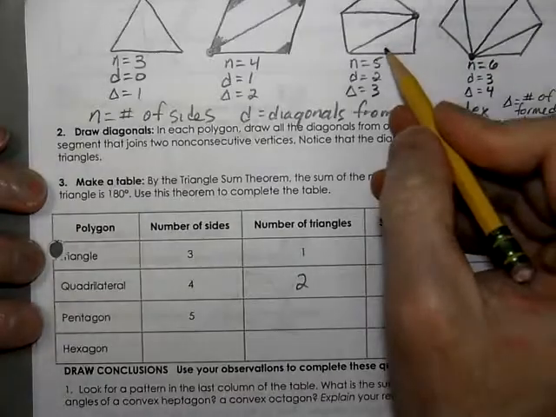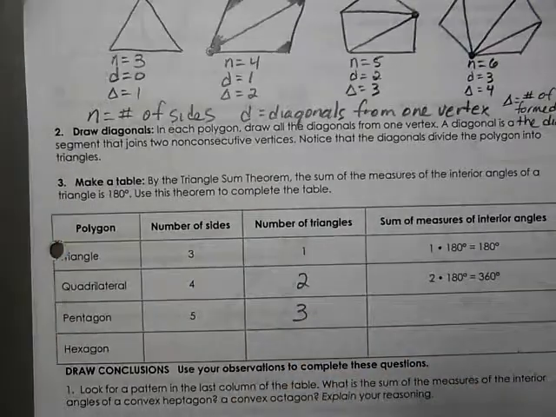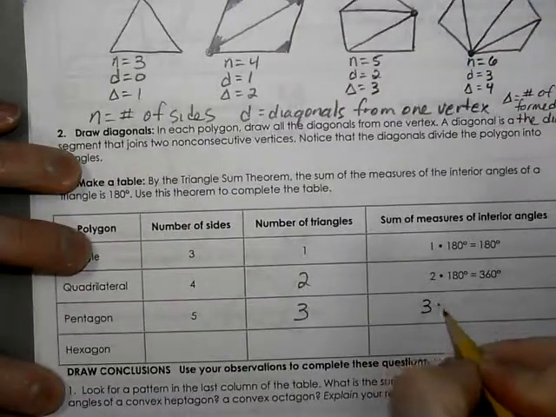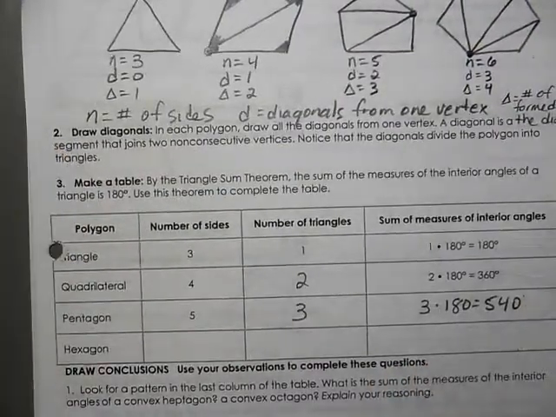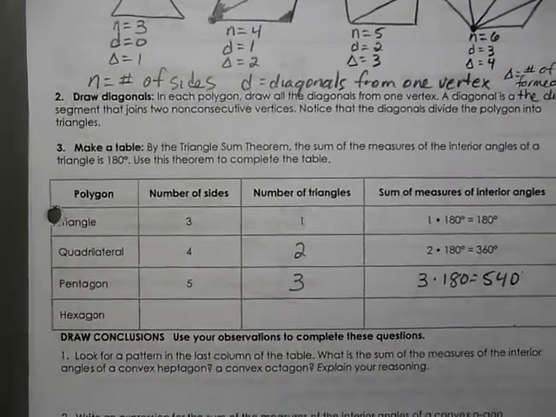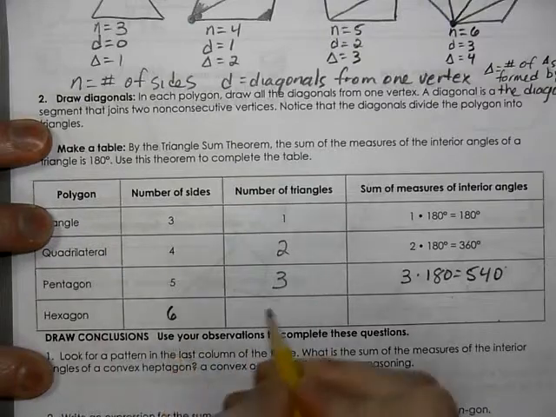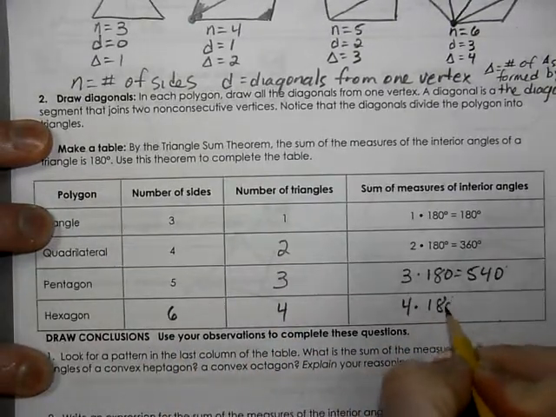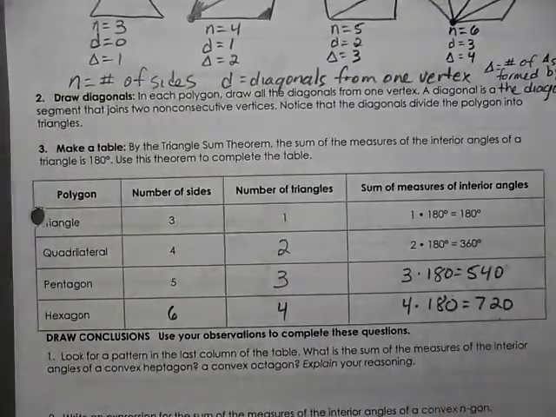Our pentagon, the 5-sided shape, we can get 3 triangles out of it when we draw in our diagonals. So that's 3 times 180, which is 540. From our hexagon, which has 6 sides, we get 4 triangles, which is 4 times 180, which is 720 degrees.